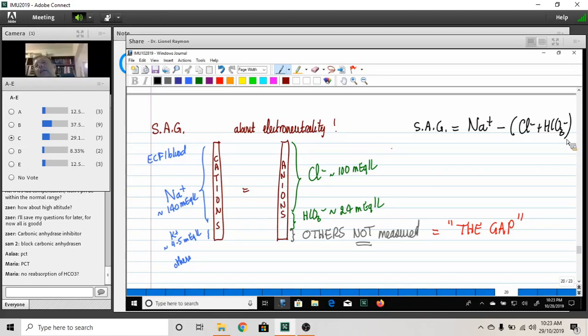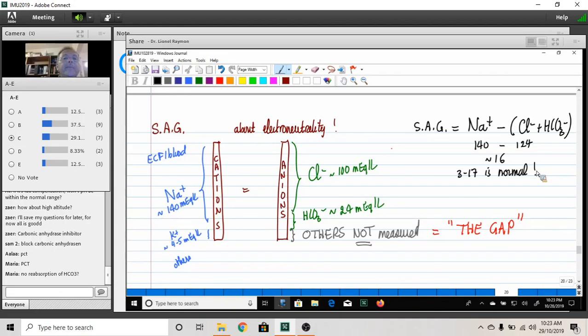Imagine 140 minus 124, then here it would be around 16. So anything from 3 to 17 is normal. A normal anion gap could be 10, could be 12 milliequivalent per liter. So remember, it's all about electroneutrality.